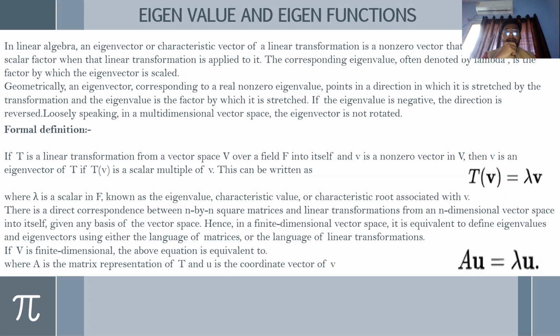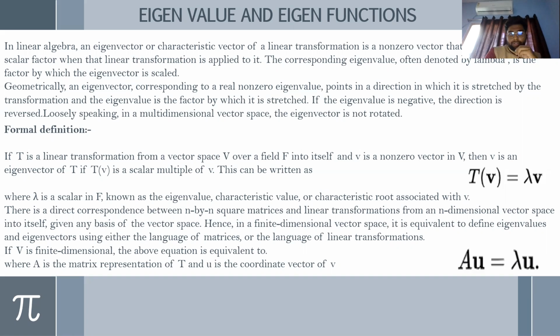Geometrically, an eigenvector corresponding to a real non-zero eigenvalue points in a direction in which it is stretched by the transformation, and the eigenvalue is the factor by which it is stretched. If the eigenvalue is negative, the direction is reversed. Loosely speaking, in multidimensional vector space, the eigenvector is not rotated.